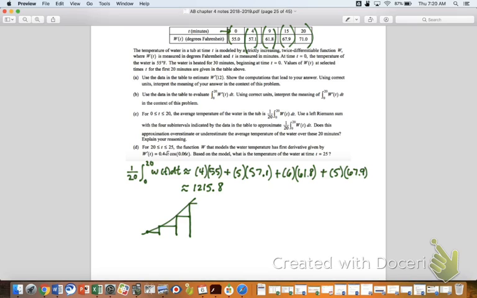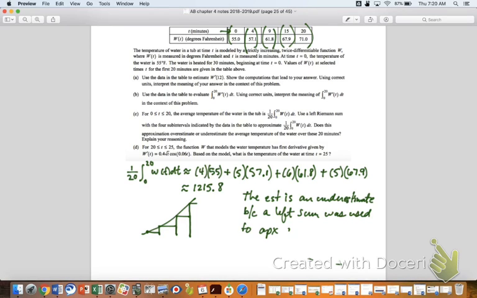So the way we would finish this is we would say the estimate is an underestimate because a left sum was used to approximate an increasing function or an increasing graph, as illustrated over here.